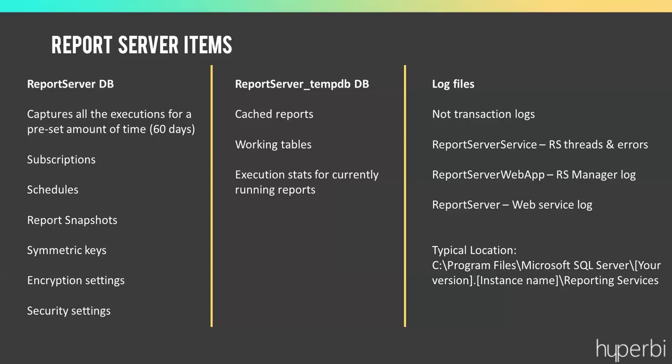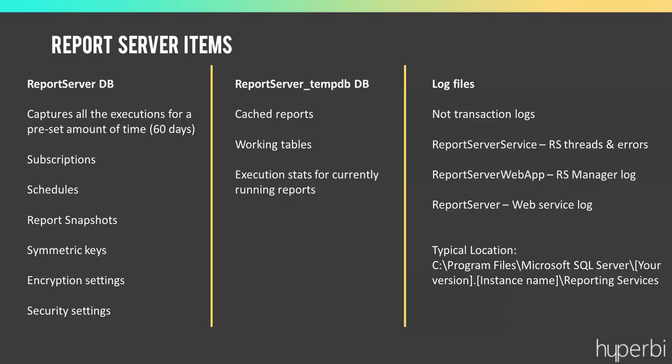So when you run a report in a report server and it gets logged, the report server will only log successful reports. If your report fails for something like a data set is missing or it can't connect, it's not going to log that. That's going to get written out to this report server service log.